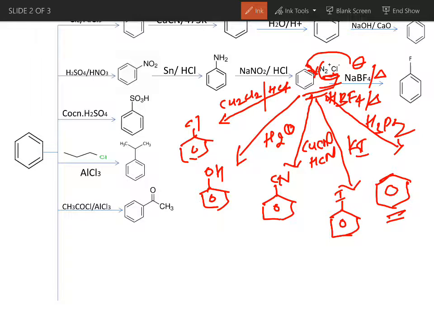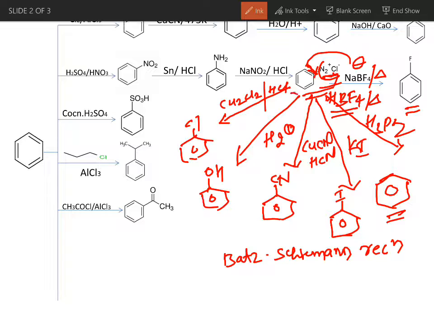If benzene diazonium chloride is reacted with sodium fluoroborate or hydrogen fluoroborate, it will form fluorobenzene. Now this conversion, benzene diazonium chloride into fluorobenzene by using NaBF4 or HBF4, is called the Balz-Schiemann reaction.